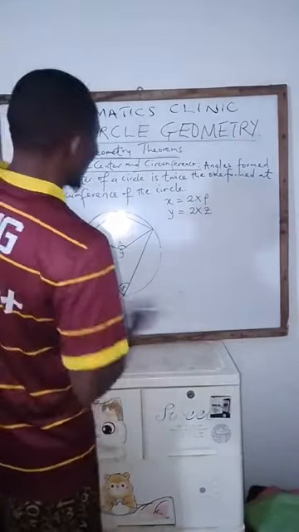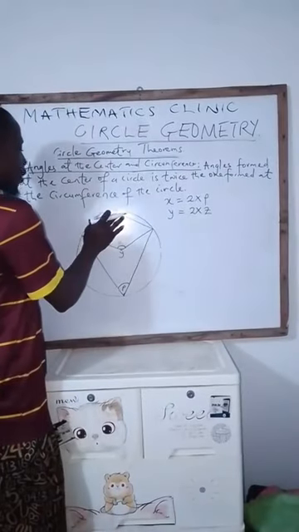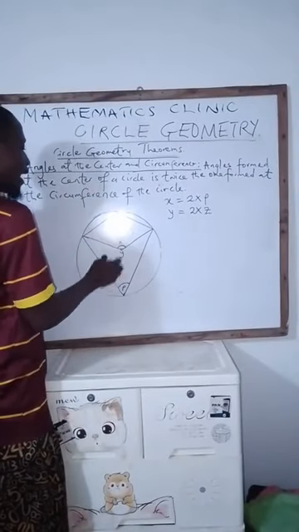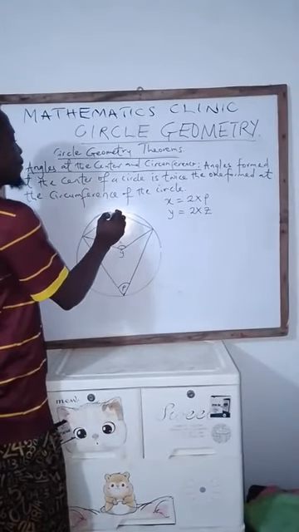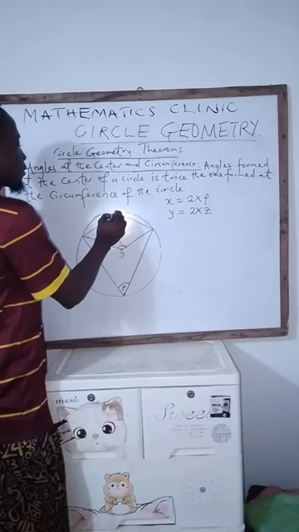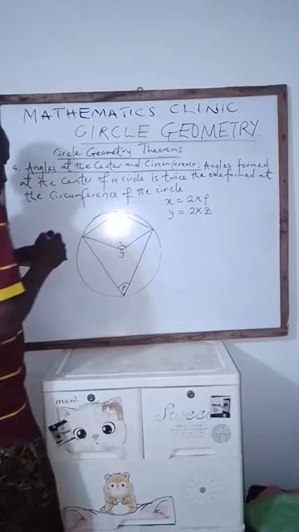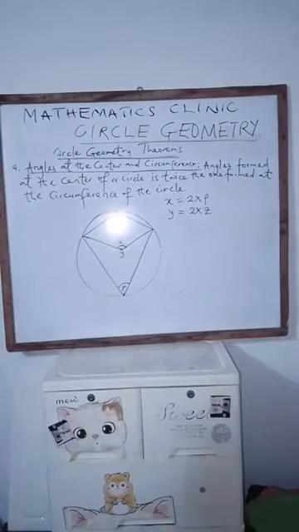For instance now, what if a question comes? Example, find x, y, and p if this place is 70 degrees.